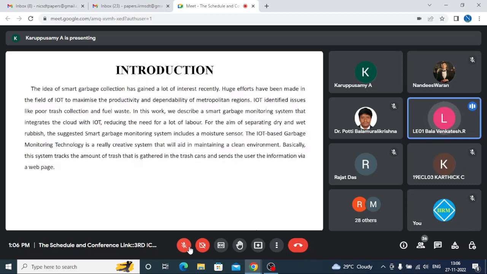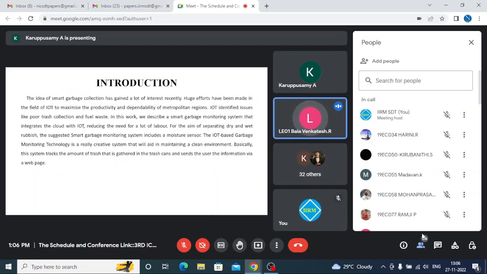For the aim of separating dry and wet rubbish, the suggested system includes a moisture sensor. The IoT-based garbage management system creates a system that will maintain a clean environment. Basically, the system tracks the amount of trash and shows the information on a web page.